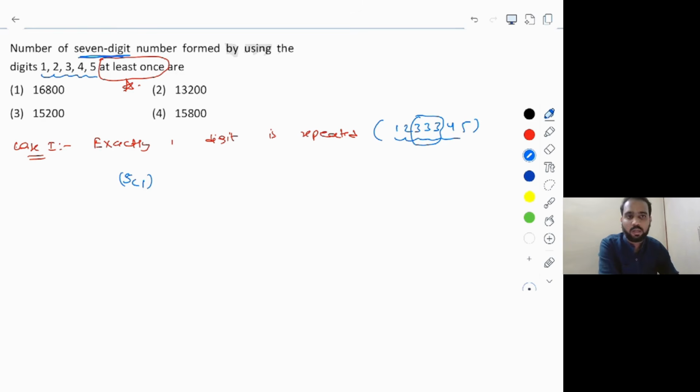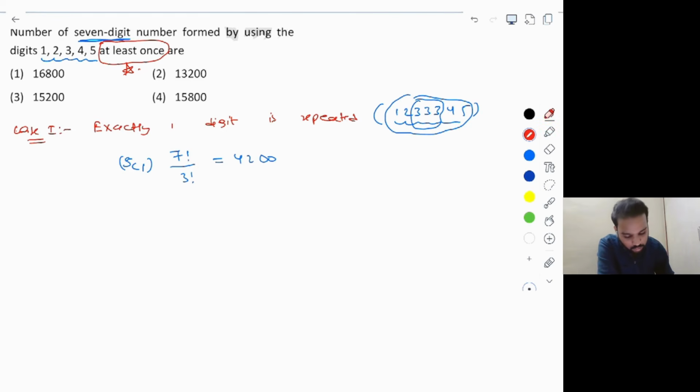Now the picking of the digit is done, which means the remaining thing is only arranging the remaining numbers. In this example, there are 7 digits, so it should be 7 factorial, divided by 3 factorial, since exactly 3 are of the same type. If you do the proper calculation, you will get something like 4,200. You do the calculation by yourself.